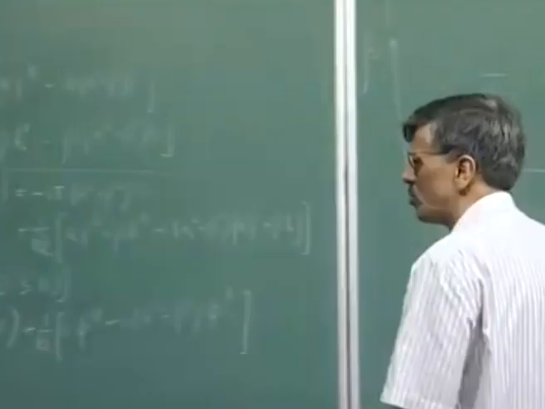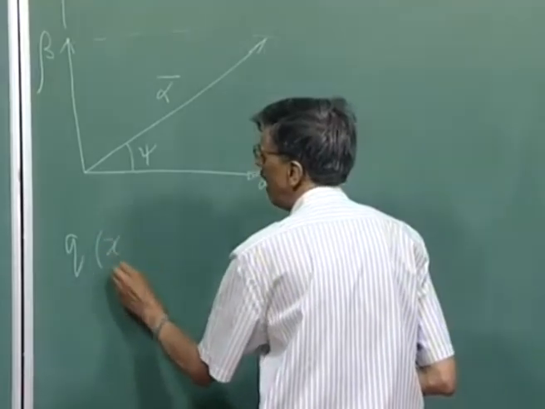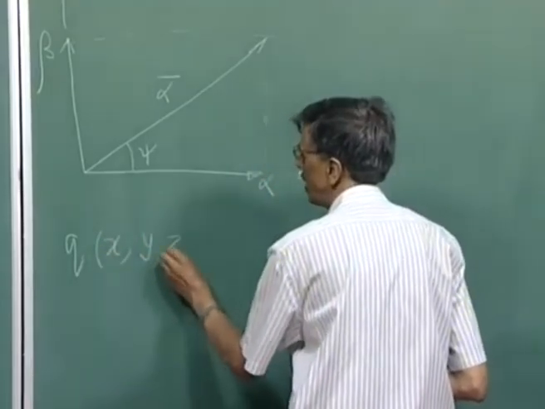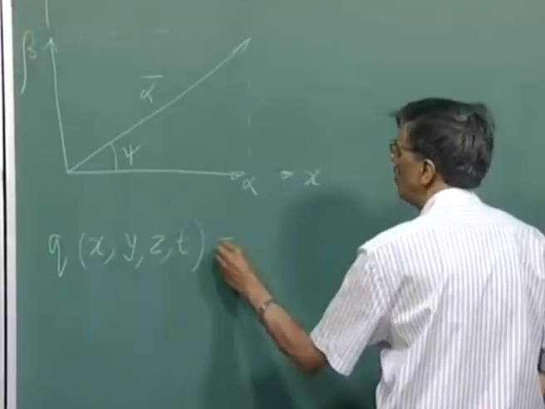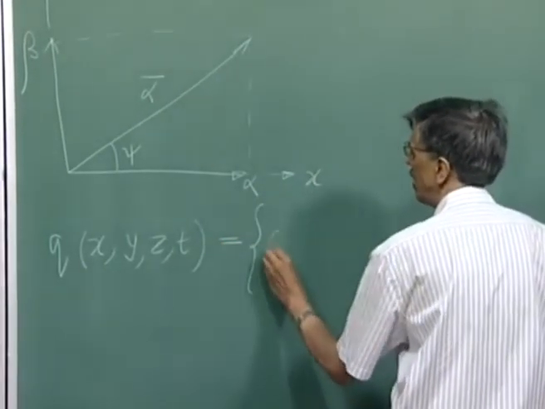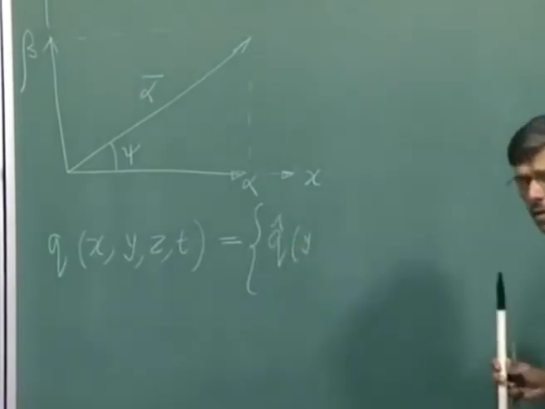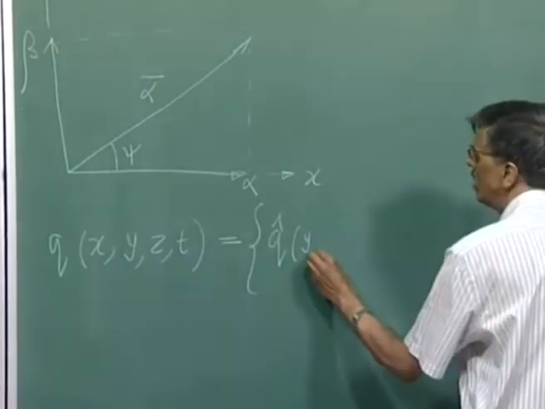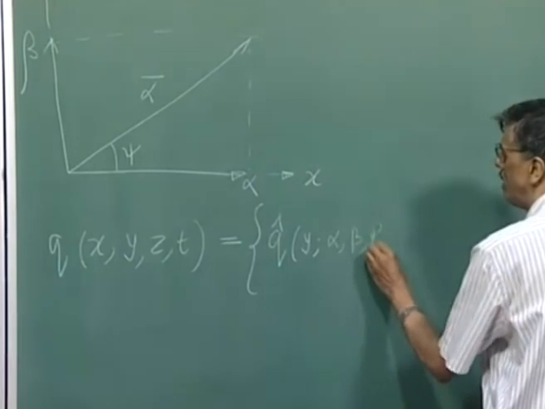Now, in the previous slide, if I write down the disturbance quantity as a function of space and time, we had this factor q hat, a function of y, and I mentioned implicitly that they are also functions of alpha, beta and Re.